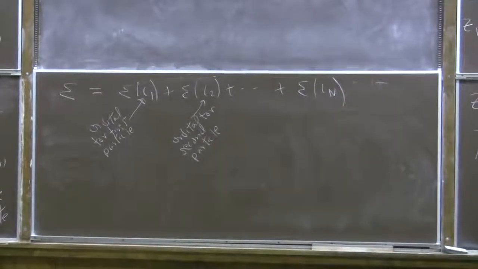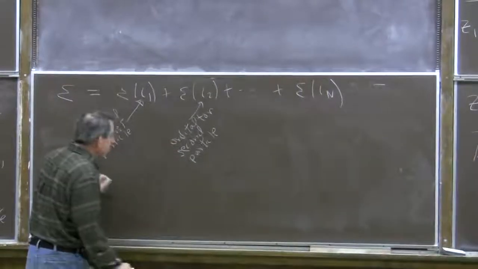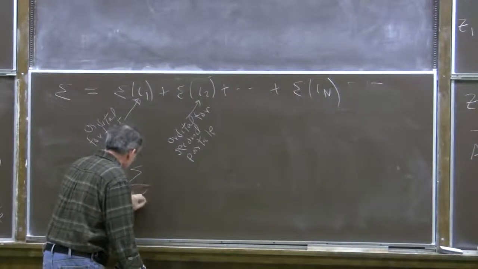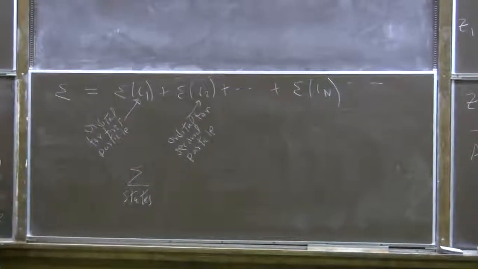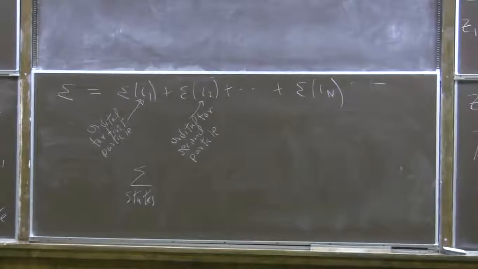And now I want to sum over all the states. So what does it mean to sum over all the states? Well, like I said, it means for each particle, summing over all the possible orbitals.